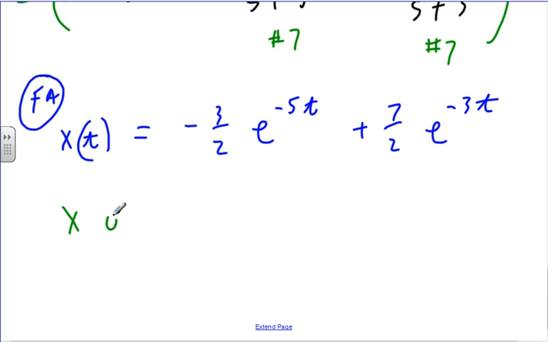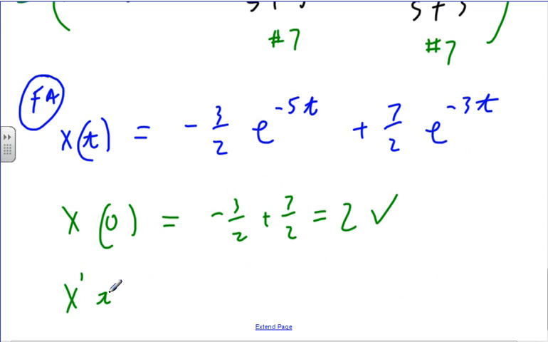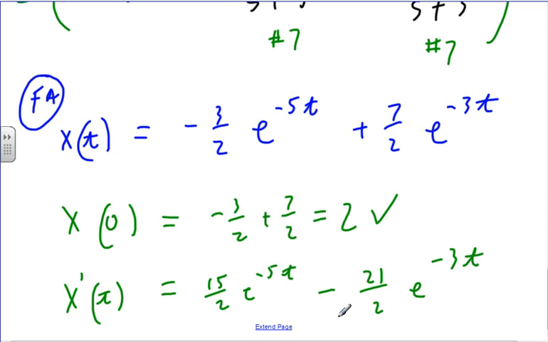I look at x of 0 is equal to minus 3 over 2 plus 7 over 2, which is 2, check. And then I find x prime of t is equal to 15 over 2 e to the minus 5t minus 21 over 2 e to the minus 3t.